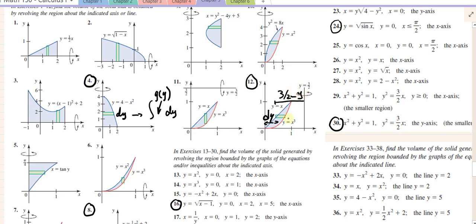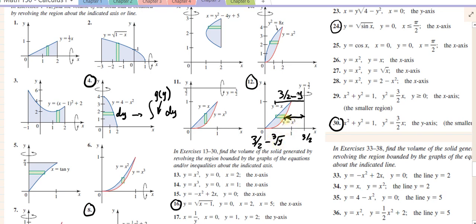That's that distance. And then this distance is the distance from the line to this point. Now that point, this is the x for that lower curve, so it's going to be 3/2 minus x, but then x can be written in terms of y, right? y is x cubed, so x would be the cube root of y, so it's 3/2 minus the cube root of y.